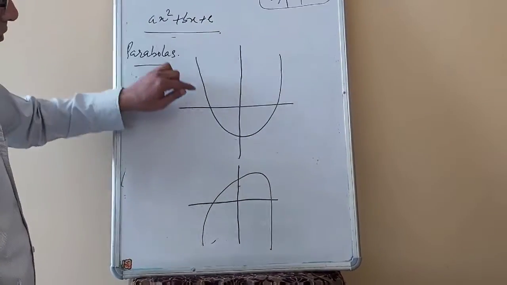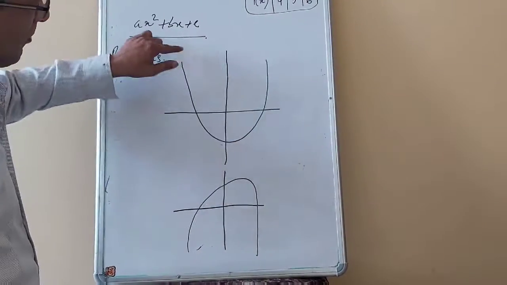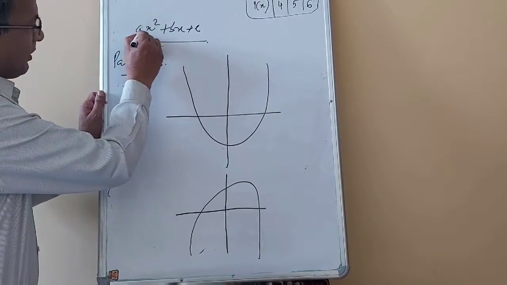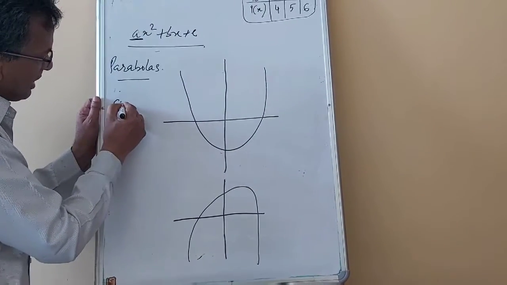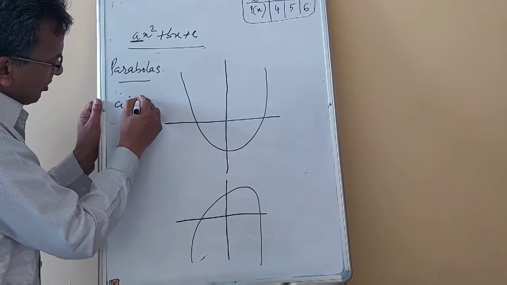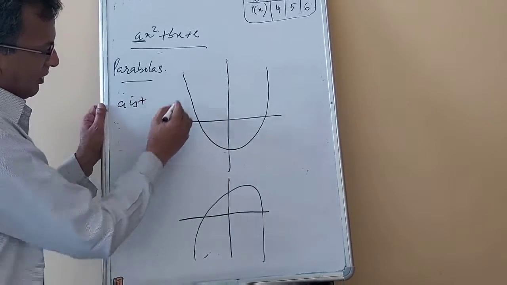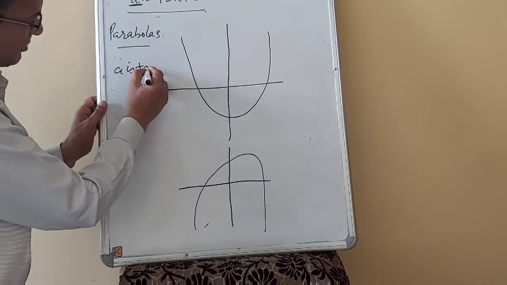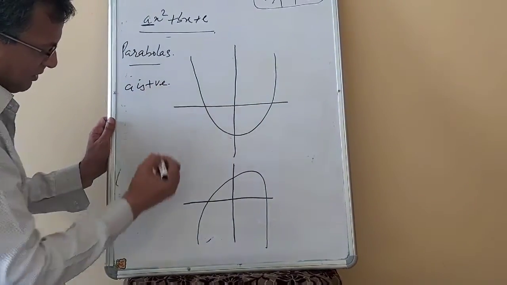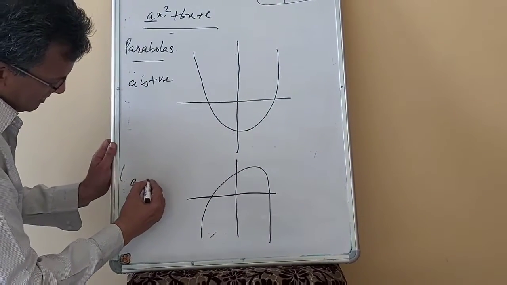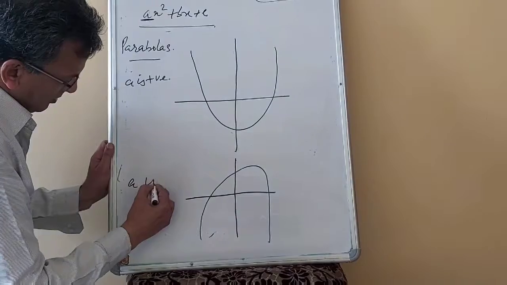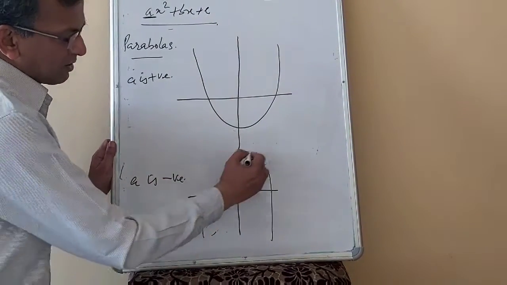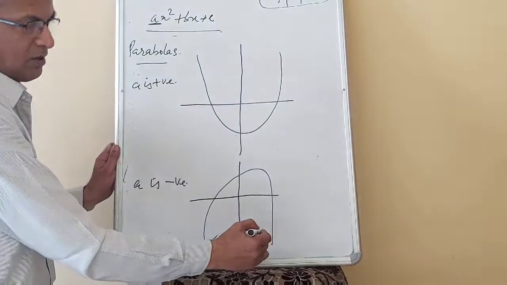So when this type of graph will become here, when a is positive, the graph is like this always. When a is positive, right? When a is negative, your graph will be like this.